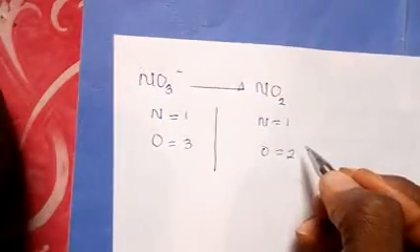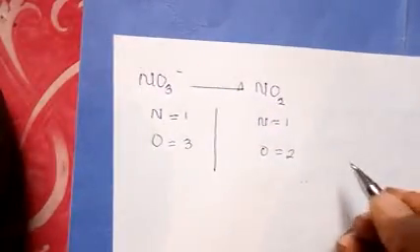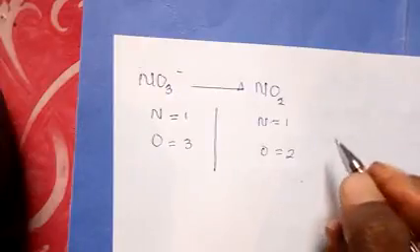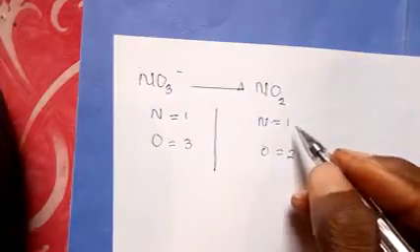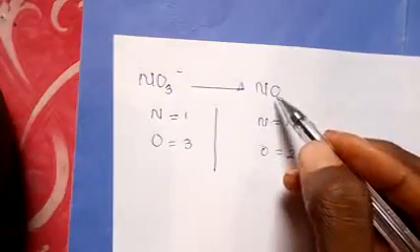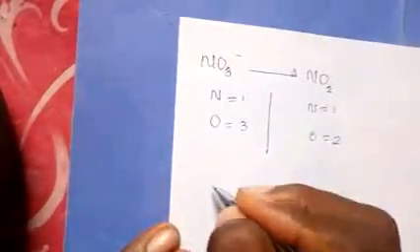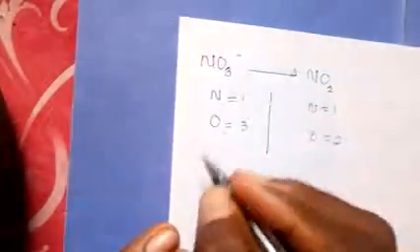So it means that they are not balanced. What you need to do to balance them is to add water to NO2 and add H plus to NO3 minus. How do we do that? We add H plus to NO3 minus.